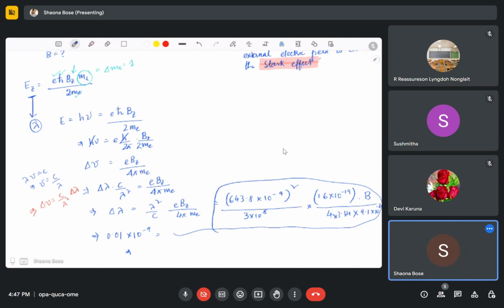Okay, so from here, what is the value of B that you get? Let me know after solving this.